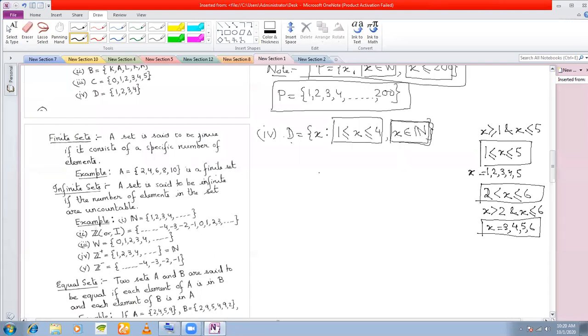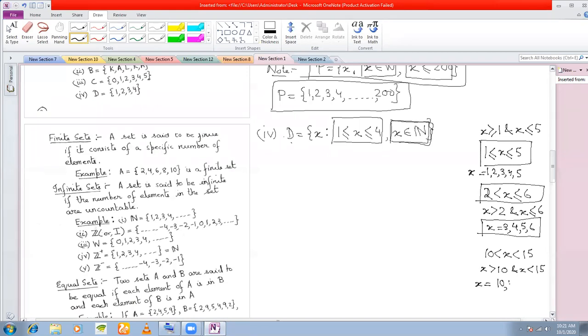You have to remember this notation. We'll be using it later on also. Say if I write 10 less than X less than 15, what does this mean? X is greater than 10 and X is less than 15. So what can be the possible values of X?